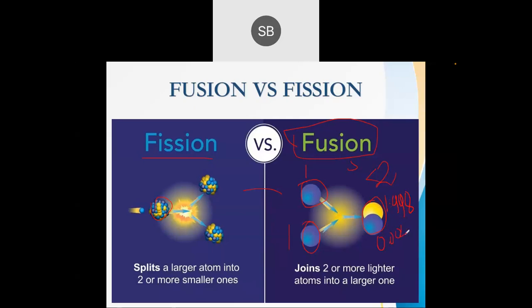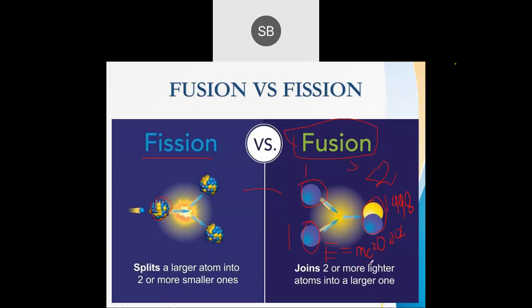But in this case, the helium produced has less than 2 AMU mass. It is nearly 1.998 or something.